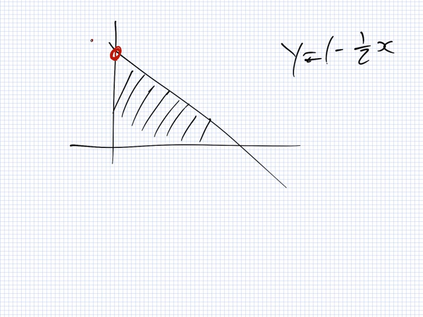What's this value? 1, because when you make x 0, y is 1. But here, when y is 0, x will be 2 if you solve it. 0 equals 1 minus a half x, a half x equals 1, so x equals 2.